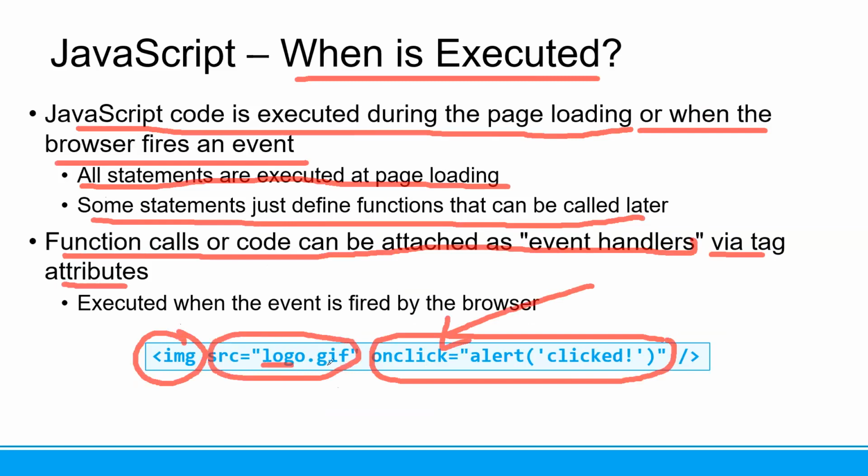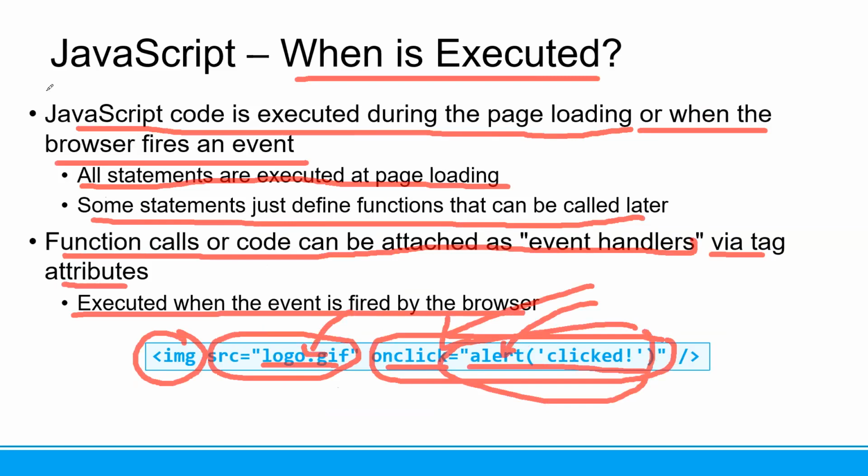Let's say the image is logo.gif, and then I have the tag attribute onclick. So if I click this logo, then alert click. We know that alert is the command from JavaScript. So if I want to click this logo and I want to do something, then you can specify the JavaScript command here. So it is executed when the event is fired by the browser.